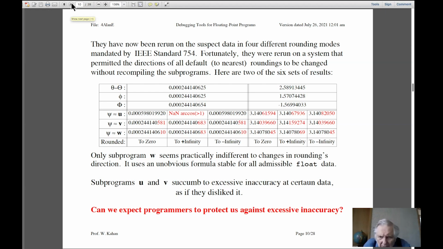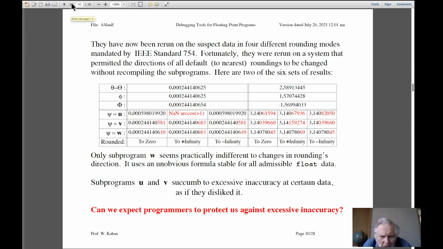You get 3 different values, and you can see that the 3 different values disagree. The one that says NaN, N-A-N, that's not a number. The reason that you got not a number was because in the formula that contractor used, these particular values led to an arc cos of a number bigger than 1. And that's an invalid operation.